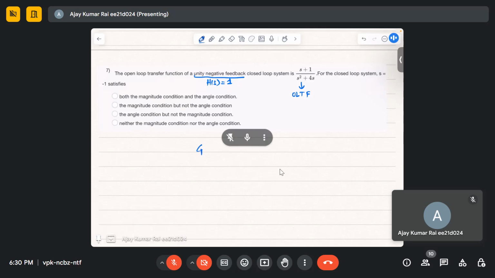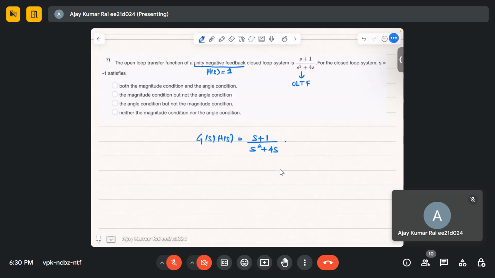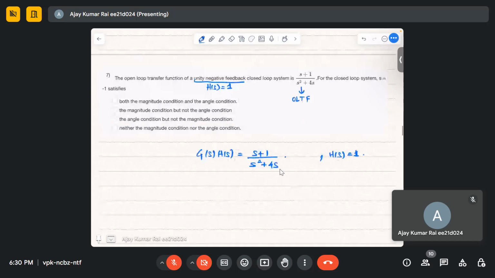So the open loop transfer function GsHs is known to us, which is (s plus 1) over s square plus 4s, where Hs is equal to 1, as given in the question. For the closed loop system, s equal to -1.